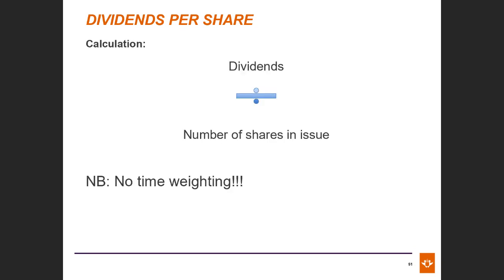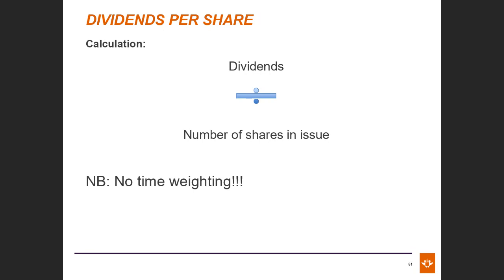The calculation for our dividends per share ratio is the total dividends divided by the number of shares in issue. Remember, there's no time weighting. This will give us the dividend per share, which is what we want.